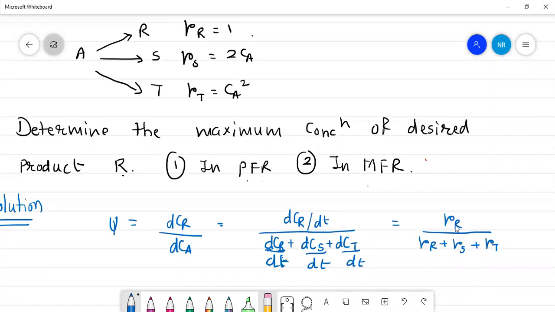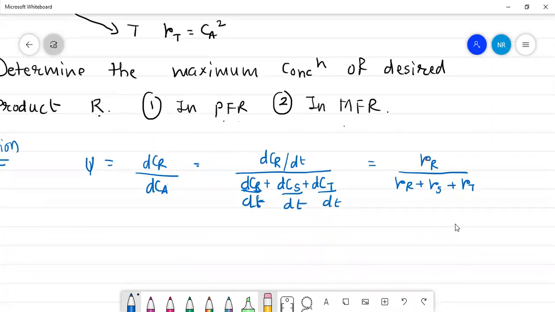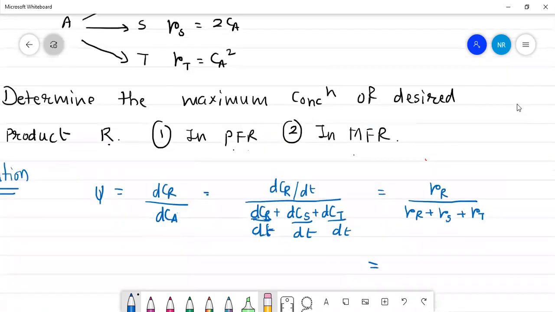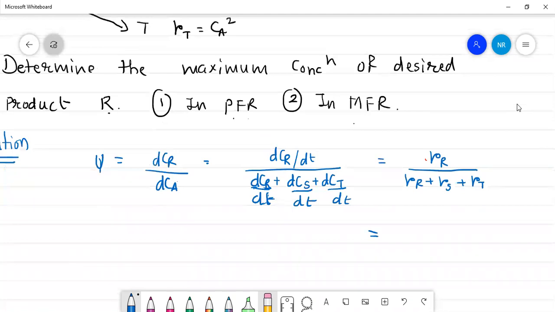So what is the rR value? Here it is 1, so I am writing down 1. So ultimately psi is equal to 1. What is the rR? It's 1. What is the rS?